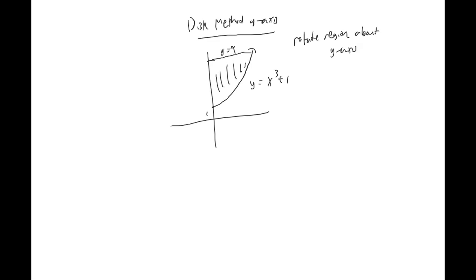So what would this look like? Can anyone tell me? If I take a point here and rotate it, it's the same idea, kind of like how I drew last time.